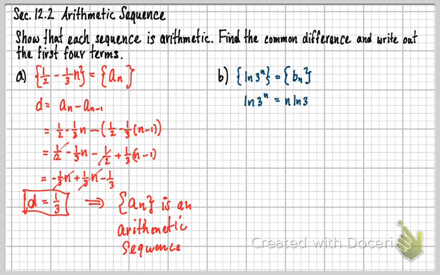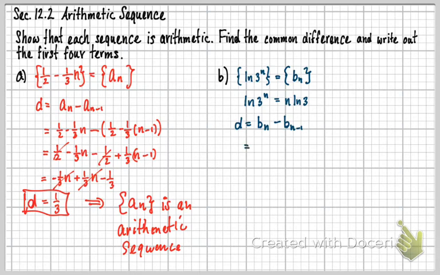We're going to use this property to show that this is a common difference. So again, what do I say? d equals b sub n minus b sub n minus 1. All right, so this is what we have. Now all I'm going to do is plug those values in.